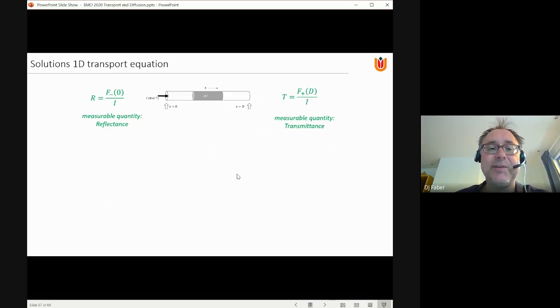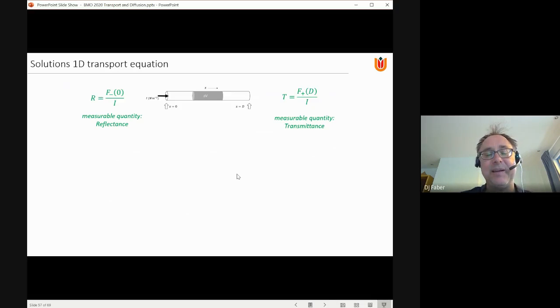That is interesting, but rather, we would like expressions for the things that we can actually measure. The measurable quantities in this case are the reflectance, which is the light that escapes from the cylinder on the side where we illuminated it.